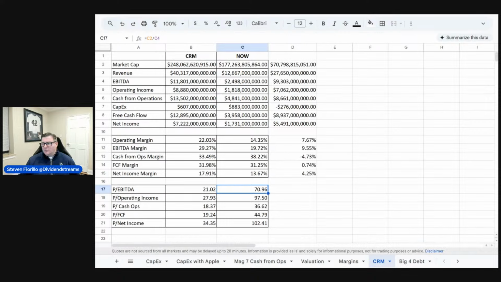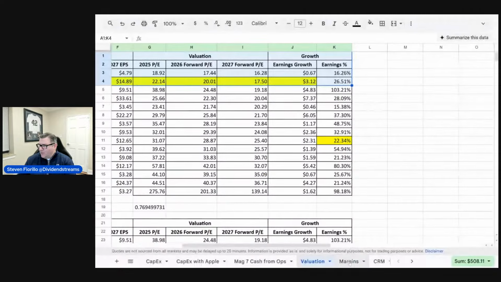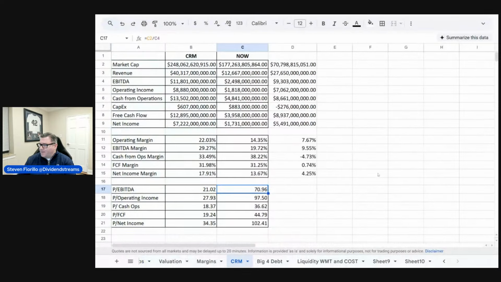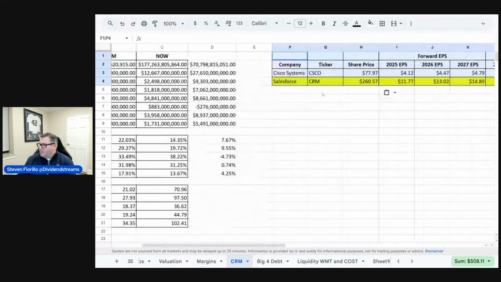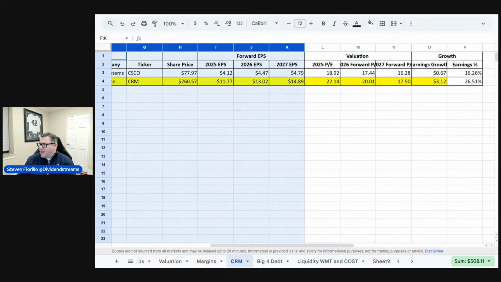Obviously, we need to look at growth rates, and we should throw ServiceNow into the valuation part and look at where they are. So let's do this. We're going to put this on the same page. We don't need all the other companies. All right, so let's put this here, and we'll change Cisco to now.